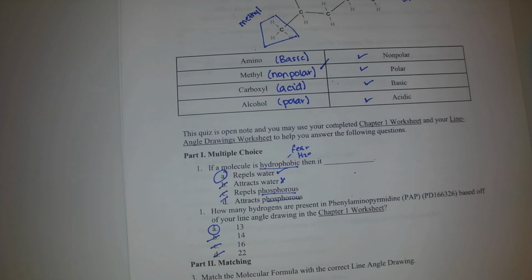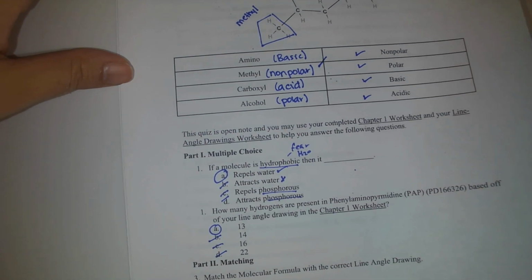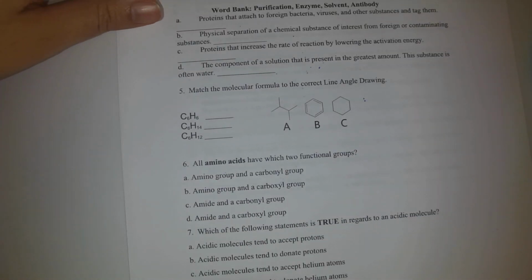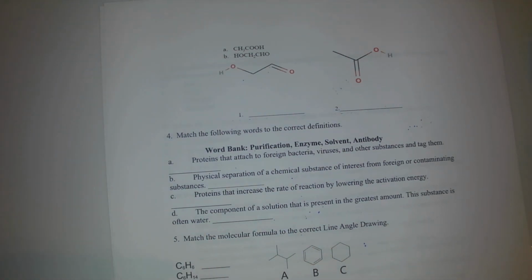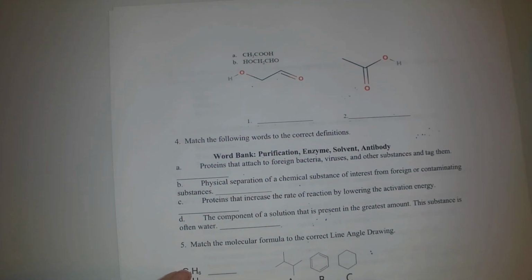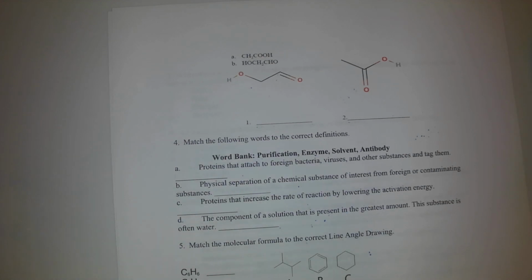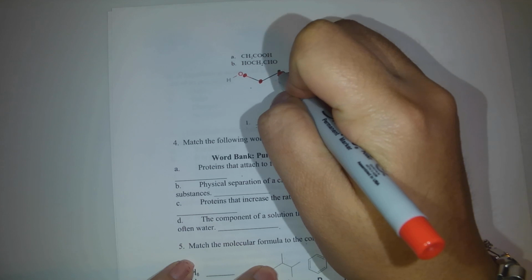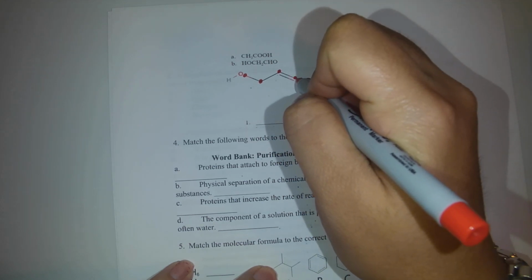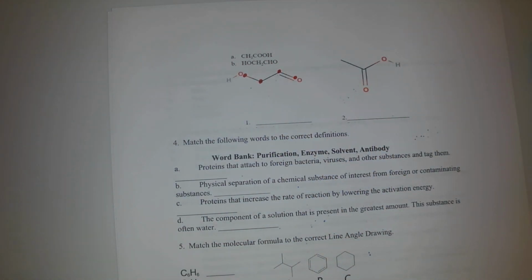There we go. Here we're going to match the molecular formula with the line drawing. So this first one, I have a CH3, which is a methyl group. So right here, again, as your last video, you should know that these at the end are considered carbons. So here I have 4 carbons, right? Actually, I'm sorry.